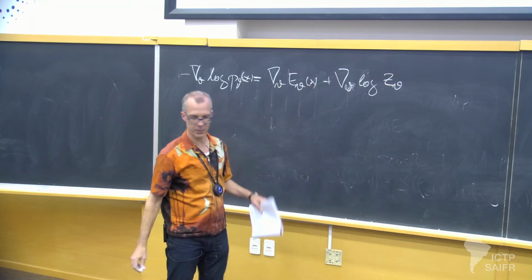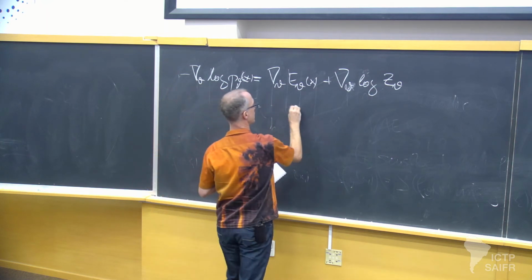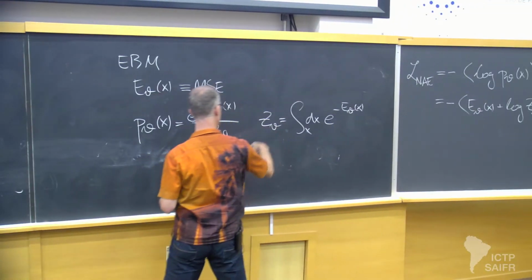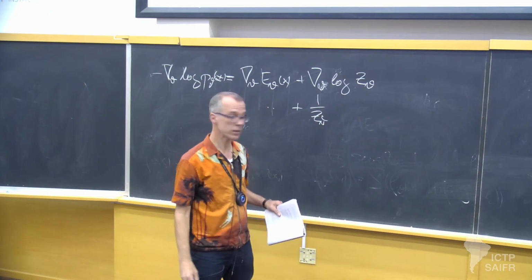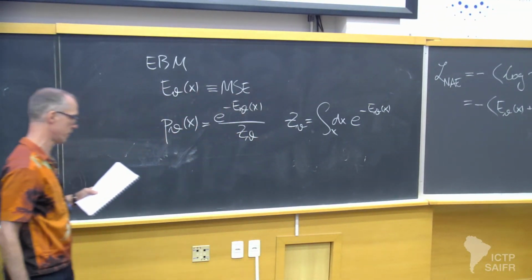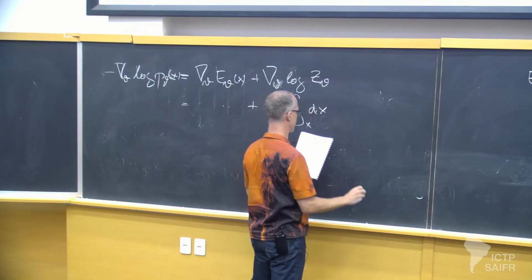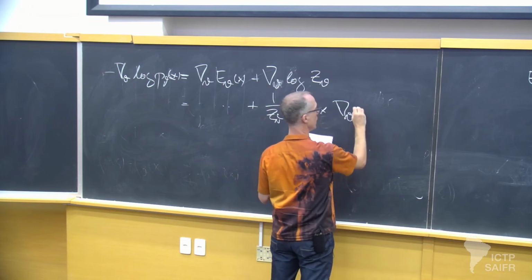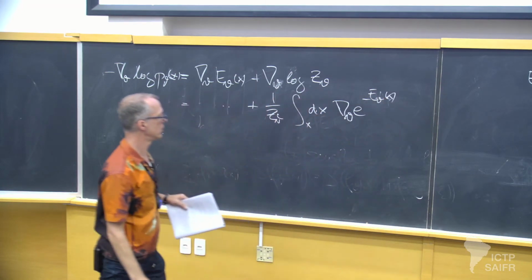Now I can insert this Z here. The gradient of log Z is 1 over Z times the gradient of Z. The gradient of Z is a gradient in theta space, and this is an integral in x space, so I can pull it through. So it's the integral dx of gradient theta of e to the minus E theta of x.